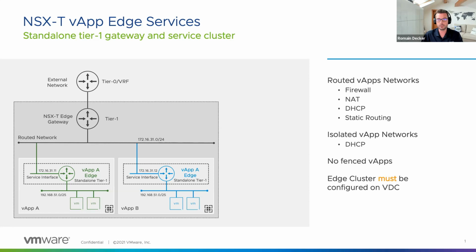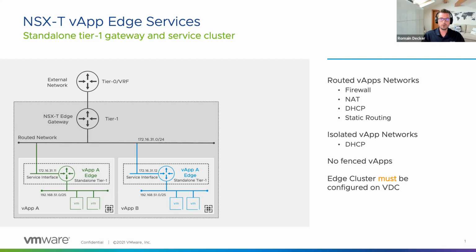They can provide the same capabilities as in NSX-V, so firewall, NAT, static routing to up or to down, and DHCP. And DHCP just for the isolated type. So really the service interface here is the capability that is allowing us then to use a T1 as a vApp edge, in a nutshell.